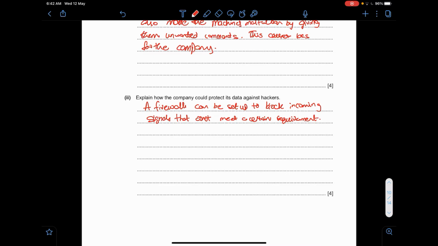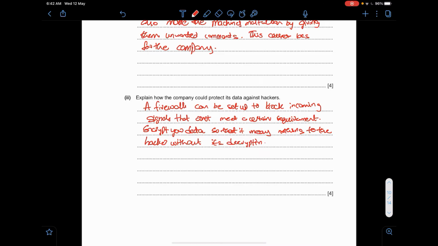The other step is, even if they get access, what can you do? You can encrypt your data so that it means nothing to the hacker without its decrypting key. So that is step 2.